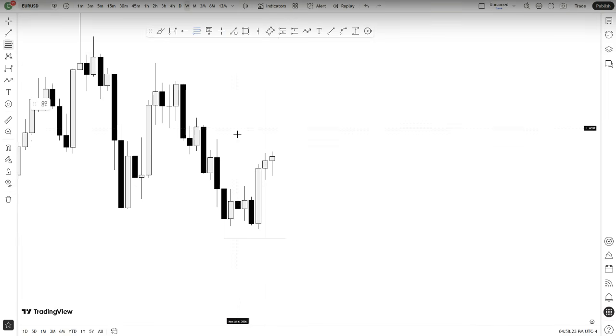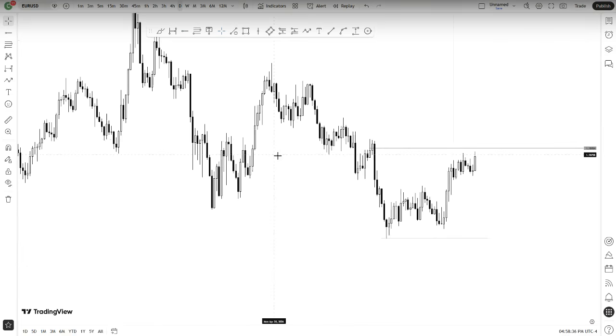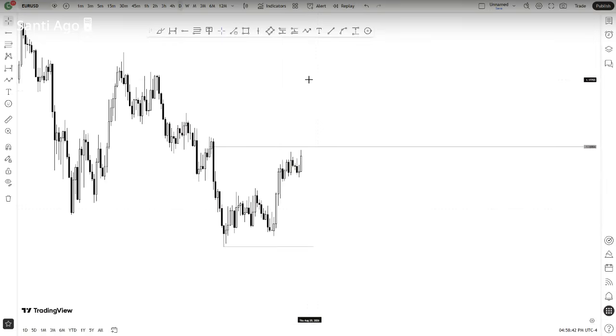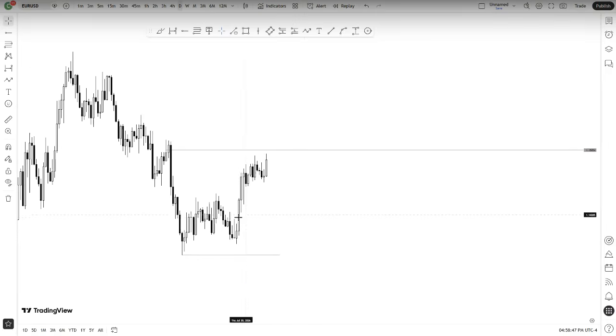So I will determine my key level. I want to see the consequent encroachment of this reduction block, going to the daily. Where are my repeatables? This is my repeatable. This sell side inefficiency is my repeatable.